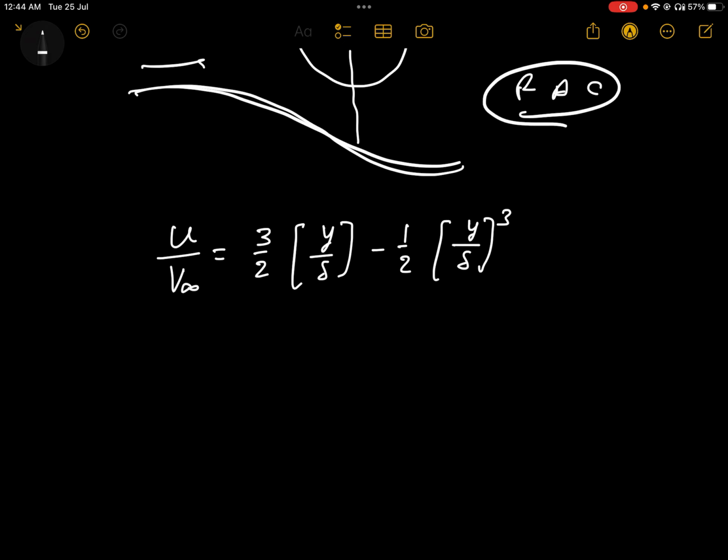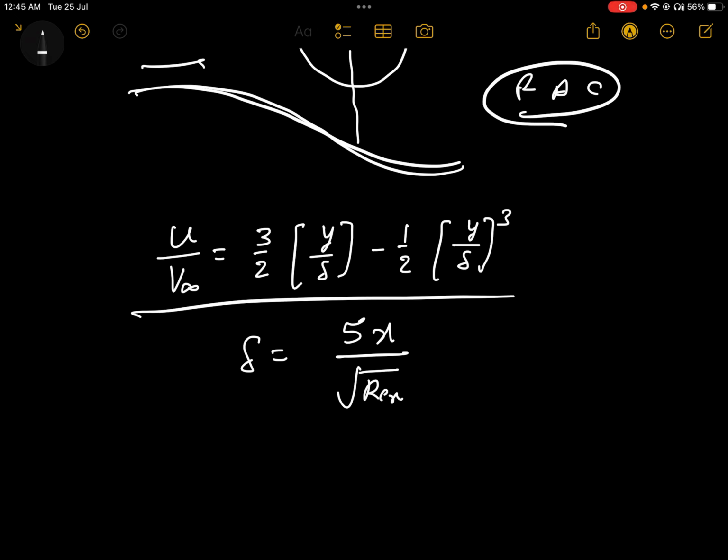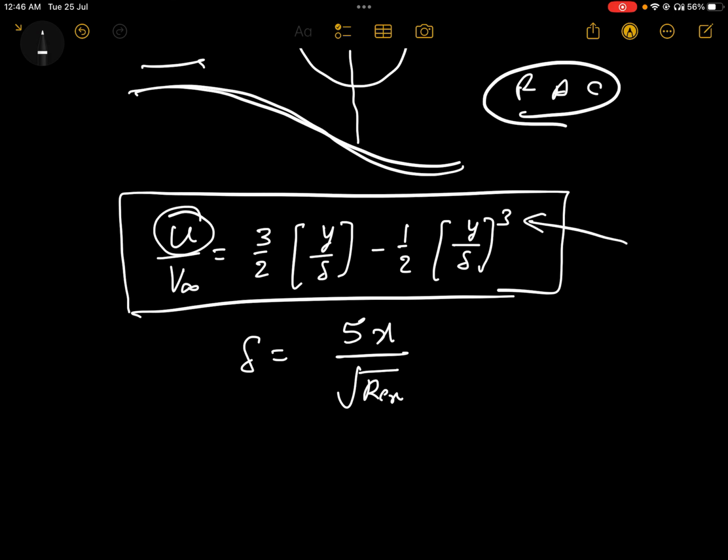This is the velocity profile, where delta is the hydrodynamic boundary layer thickness, or delta can be written as 5x upon square root of Rx. Keep in mind that this horizontal component of the velocity is actually a cubic profile.